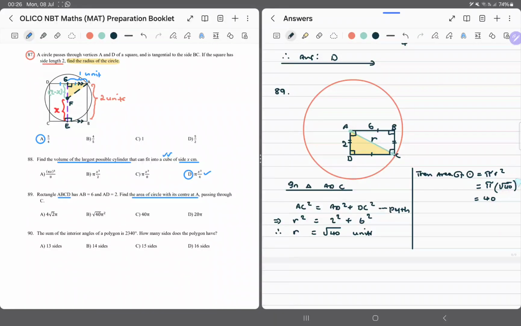So this is going to be 40, so all squared. I don't know why I'm squeezing myself like this, you know. It's not allowed. So this is pi times the square root of 40 squared. So this becomes 40 pi, of course, square units.